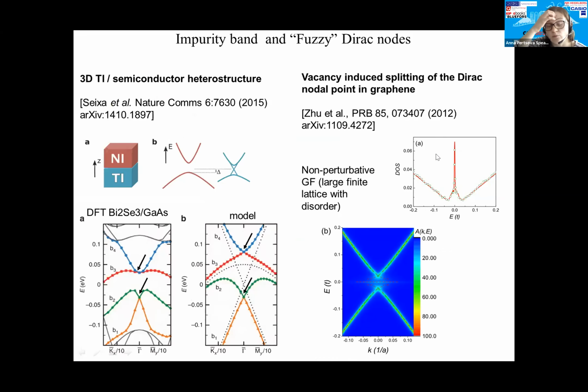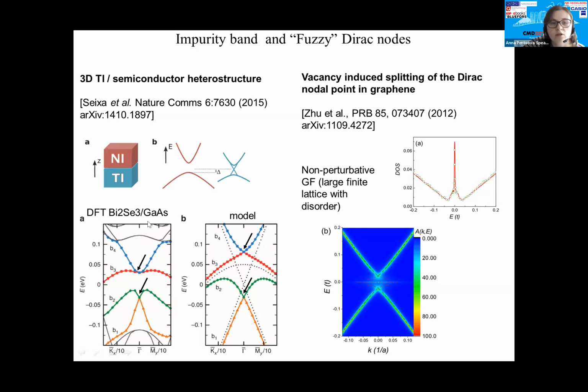I've also found other works where such features have been seen. For example, for a heterostructure of a topological insulator and a normal insulator, the valence band of the normal insulator plays the role of the impurity band, and it hybridizes with the Dirac states.